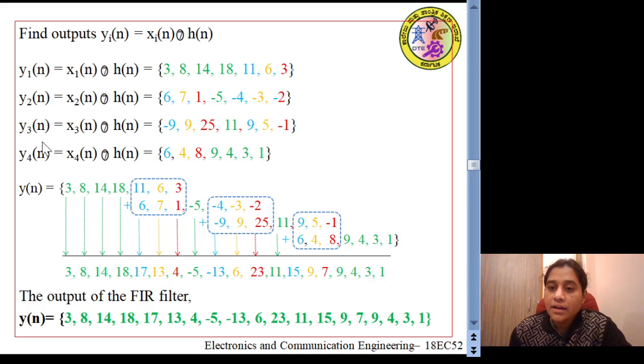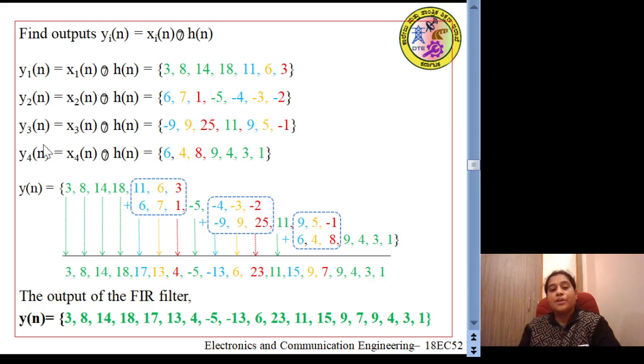Next, y3 of n can be obtained by 7-point circular convolution of x3 of n with h of n. We obtain the values minus 9, 9, 25, 11, 9, 5 and minus 1.